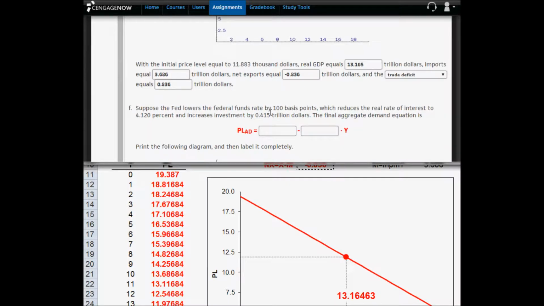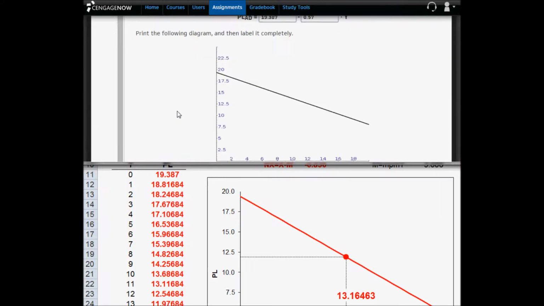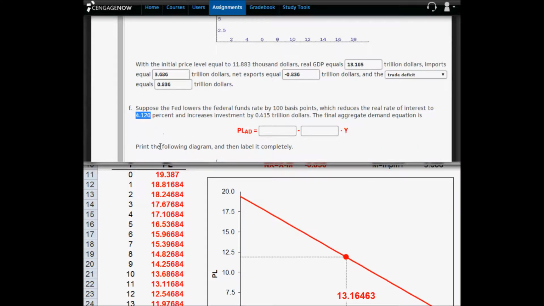Now, if the Fed lowers the federal funds rate by 100 basis points, which is 1 percentage point, and that reduces the real rate of interest to 4.120, and increases investment by $0.415 trillion. So the real rate of interest was 4.86. It is now 4.120.